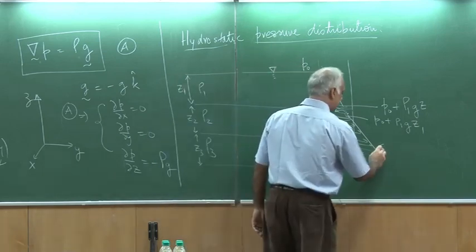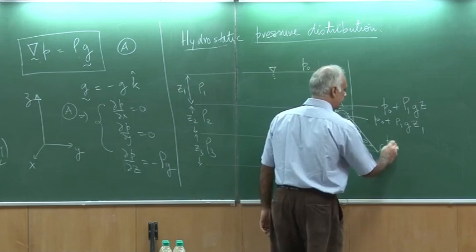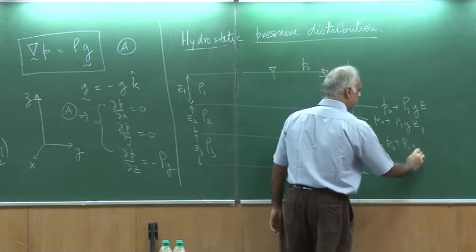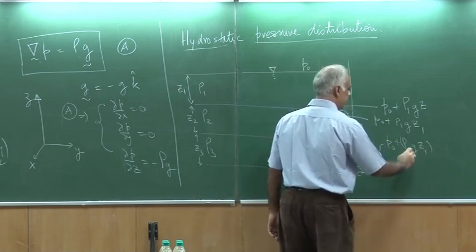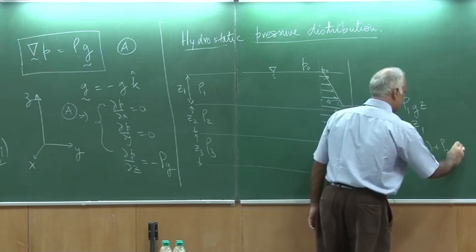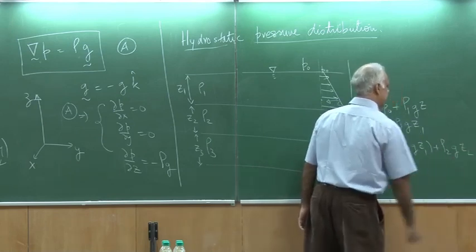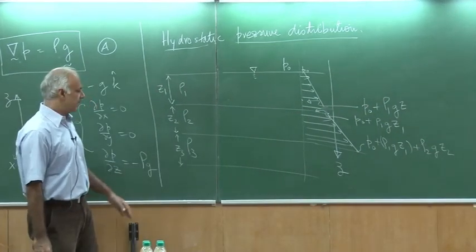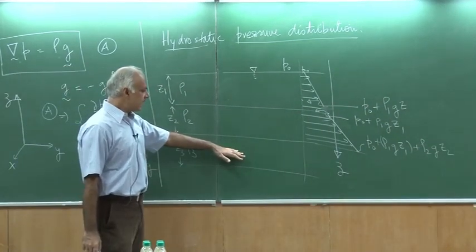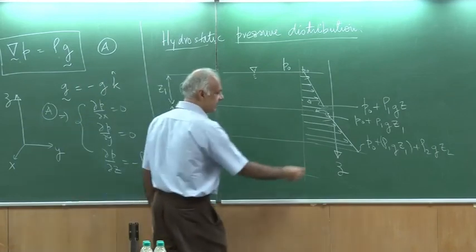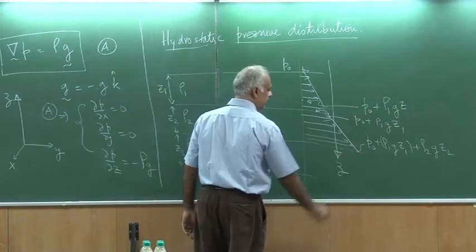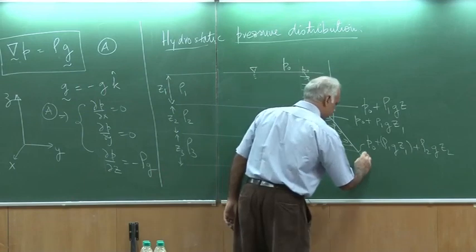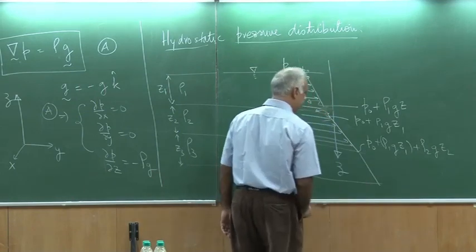So, this pressure here at the end would be P0 plus rho 1 g z1 plus rho 2 g z2. When I go to this layer over here, then I would have to integrate starting from the value over here, and of course I could draw another linear variation.